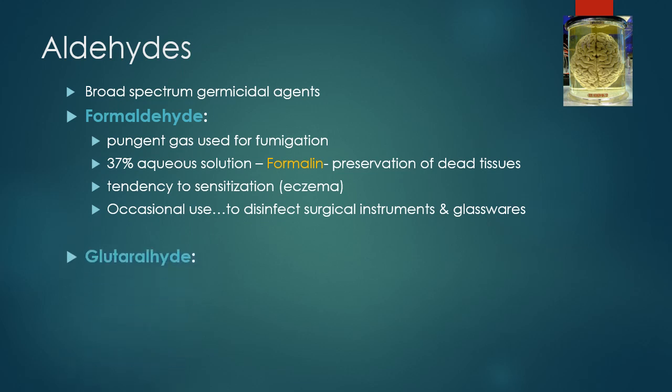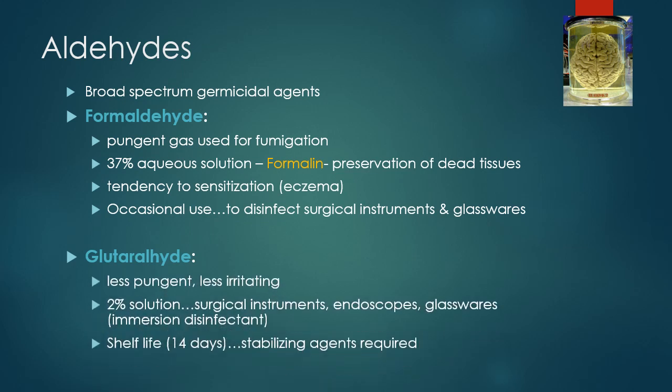Another agent is glutaraldehyde, which is less pungent as compared to formaldehyde, less irritating, as well as it is better sterilizing agent as compared to formaldehyde. Its 2% solution is usually used to disinfect surgical instruments, endoscopes, glasswares, and as such it requires somewhat prolonged period to disinfect these objects.